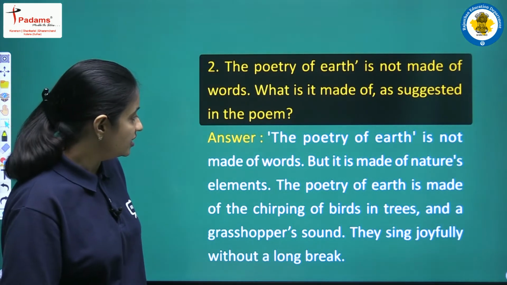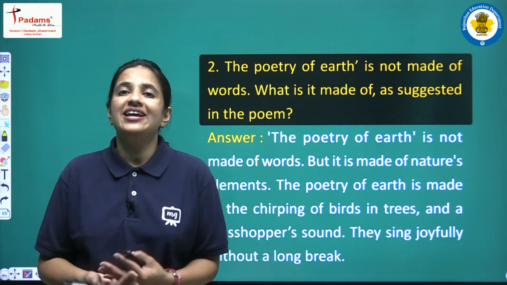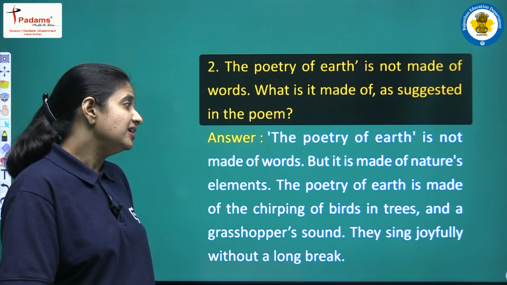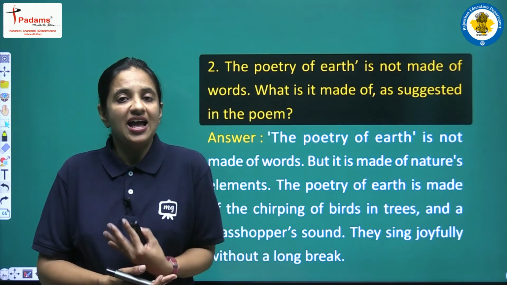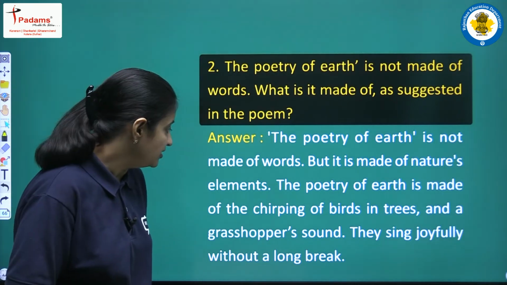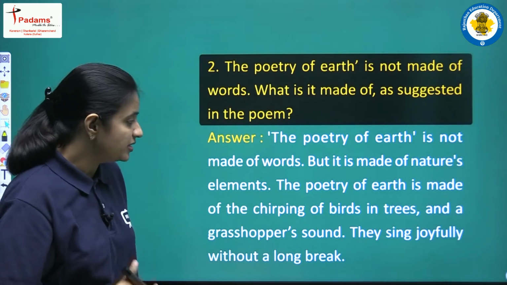The poetry of earth is not made of words. So yes, this is true, the poetry of earth does not have any words, but it is made of nature's elements. This song is created with the help of so many natural elements. The poetry of earth is made of the chirping of birds in trees and a grasshopper's sounds.